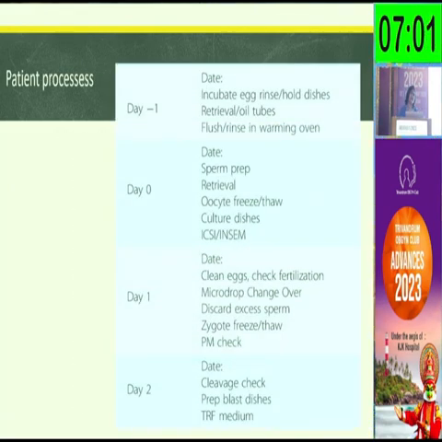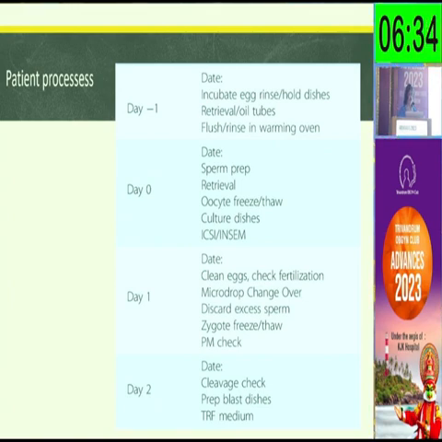And there's always a sheet for the patients. For example, when there are labs dealing with a lot of patients on the same day, you can miss certain processes on that particular day. So there is a patient sheet for every patient which has to be looked at the day before. It's not looked at in the morning. Always it's planned the previous day. So these are all the things I need to do for these patients tomorrow, and it is always noted for that particular lab.